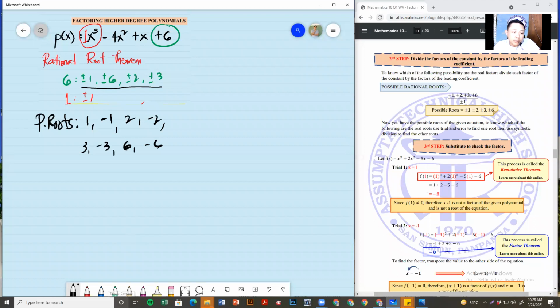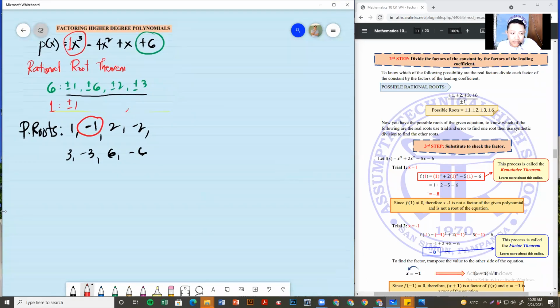And of course, we know the process already. Assuming we already know na one of these terms will be this. Okay, sinolo natin halimbawa si 1, si negative 1 hindi pa rin. But not using the factor theorem or the remainder theorem, but instead using synthetic division. So kasi sa synthetic division, medyo mas-shorten yung process.